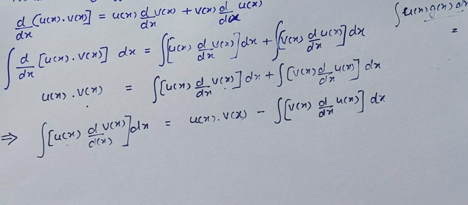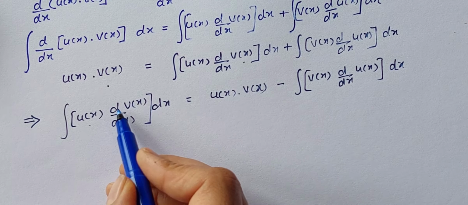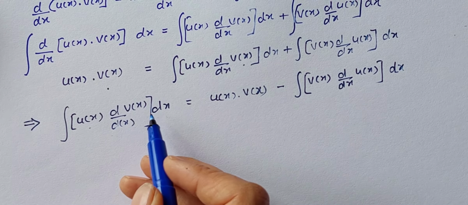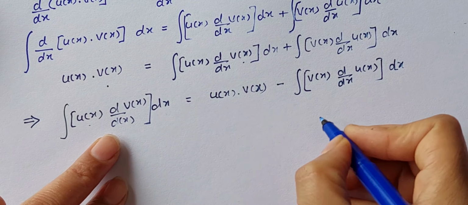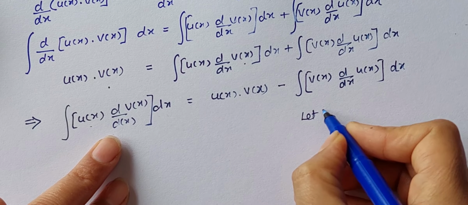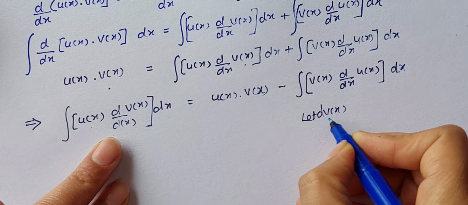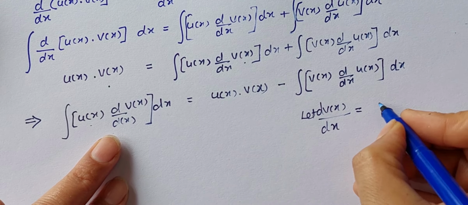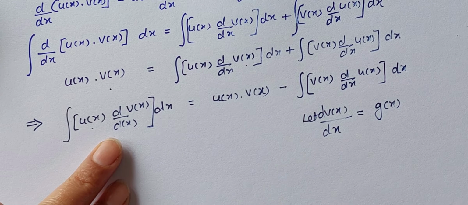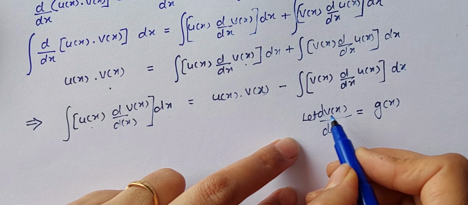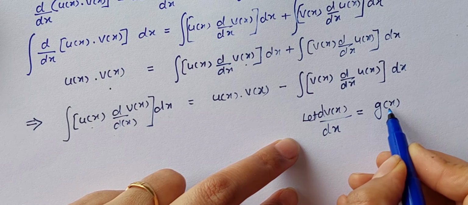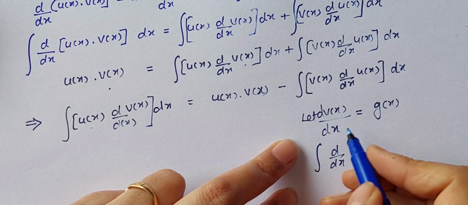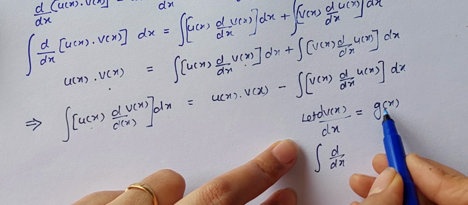So for that, what do we need to do? We just need to let this be g(x), or f(x), or whatever, anything. So what are we going to do? Let the derivative of the function v(x) with respect to x be g(x), say. What does this mean? If the derivative of a function is g(x), we can simply say that v(x) is the integral of this.